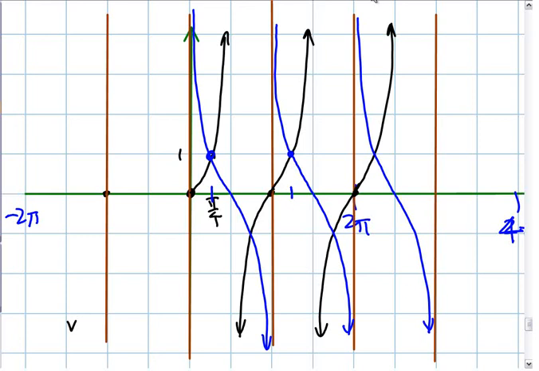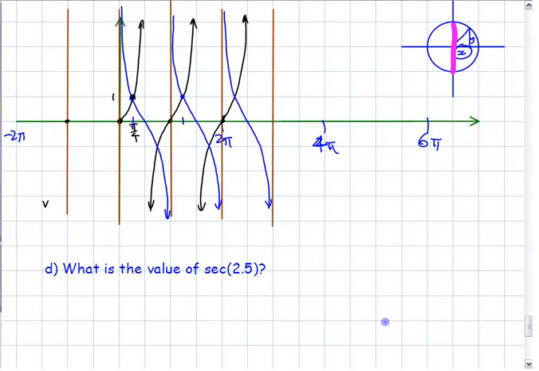The other way you can know where they intersect is to make the connection to those special triangles that you have come to know and love, I think. If you have that 45-degree triangle, 45, 45, 90, or pi over 4, that's where these are the same. That's where the tangent is 1, right?